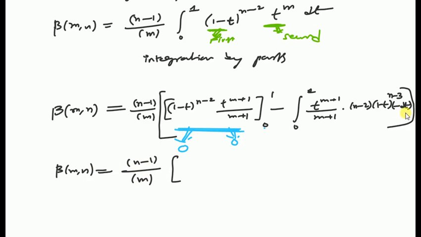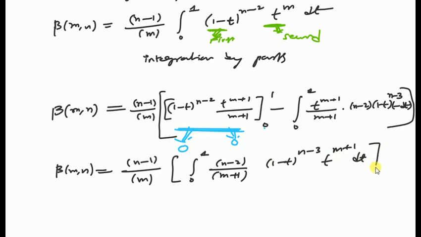And of course here there is a minus sign, this minus sign will become plus. I am left with 0 to 1, n minus 2 divided by m plus 1, 1 minus t whole power n minus 3, t power m plus 1 into dt.